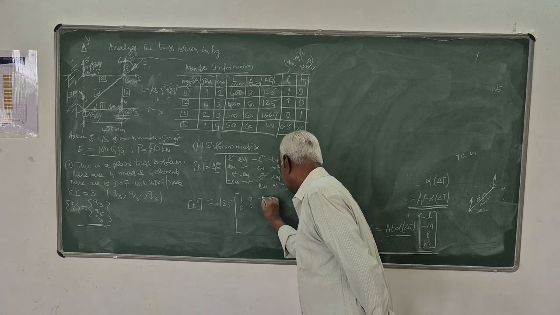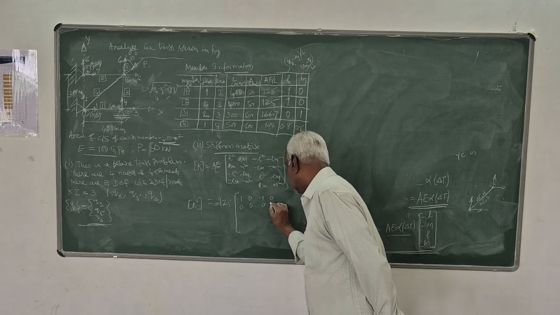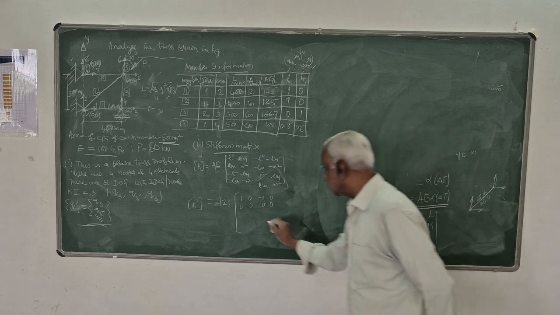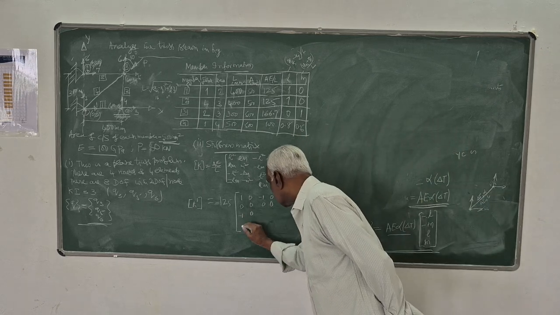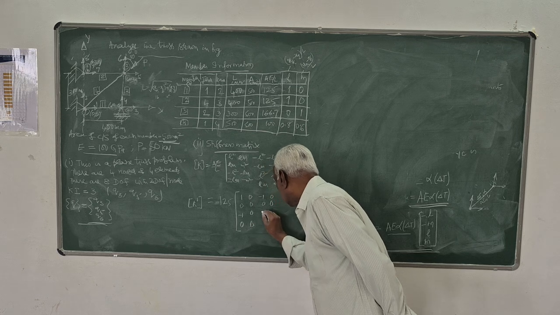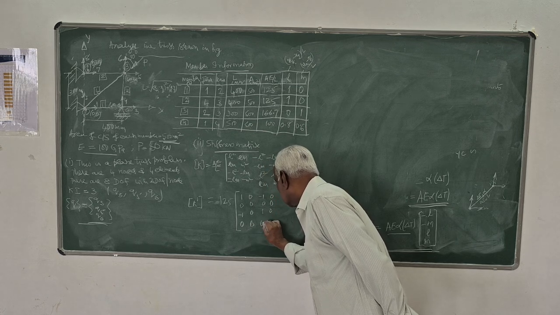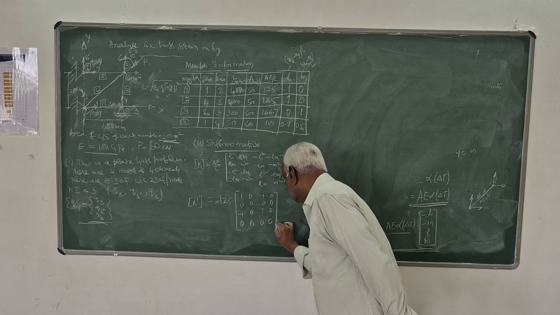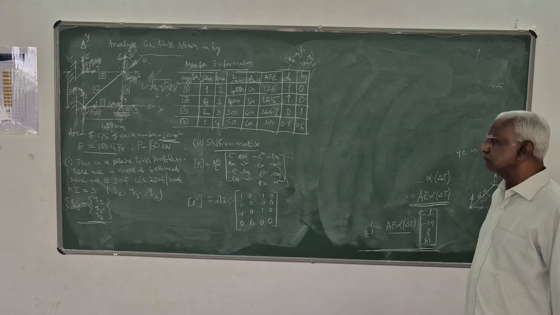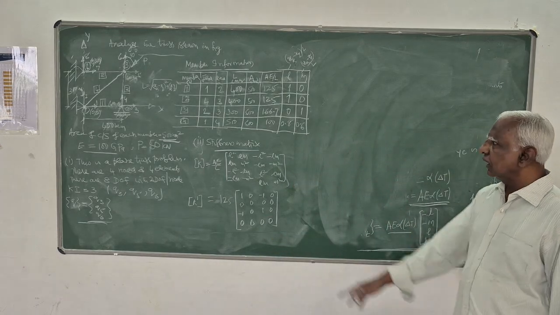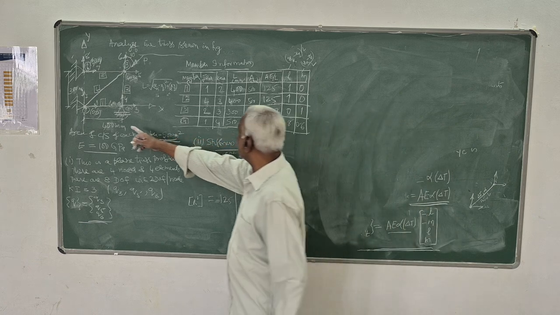So then this is minus 1, 0, 0, 0. Then this is minus 1, 0, 0, 0, 1, 0, 0, 0. This is the stiffness matrix of member 1.